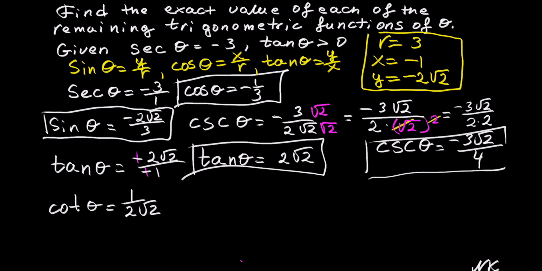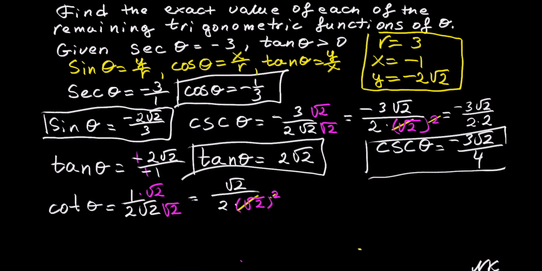If we multiply it by one more factor of radical 2, it will give us a square that is an inverse of a square root. Whatever we multiply the denominator by, we have to multiply the numerator by the same thing. This will give us 1 times radical 2 out of 2 times square root of 2 times square root of 2 gives us square root of 2 to the second power.